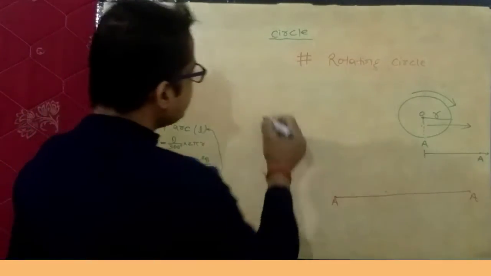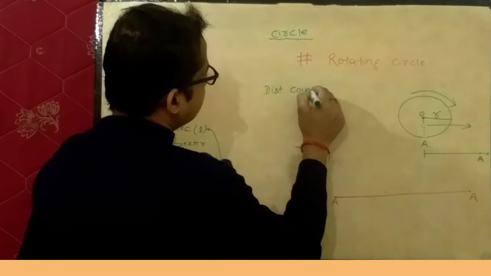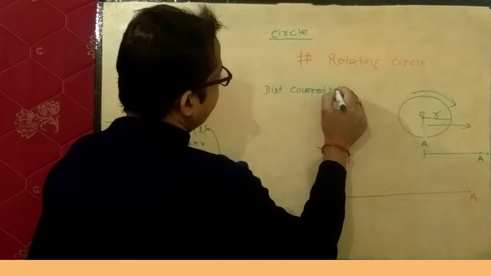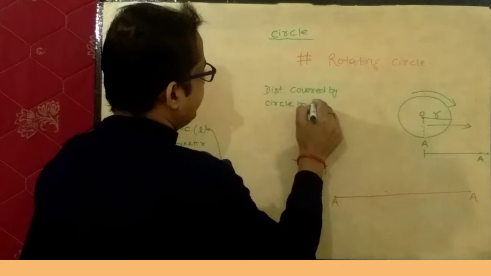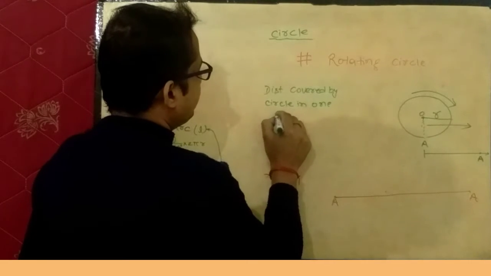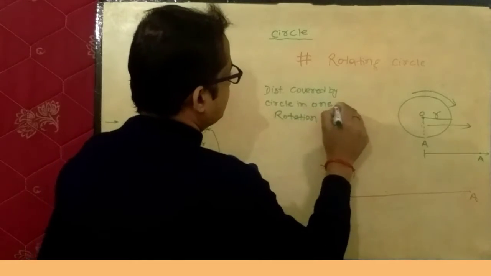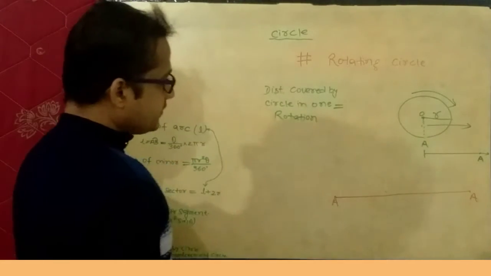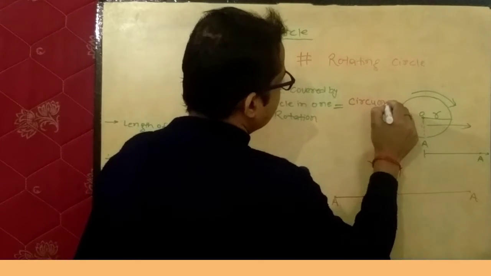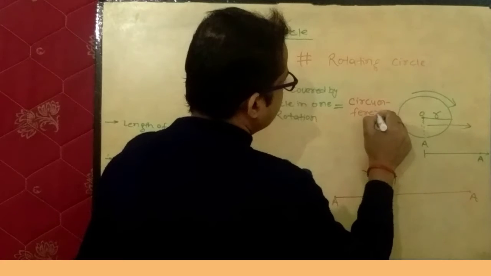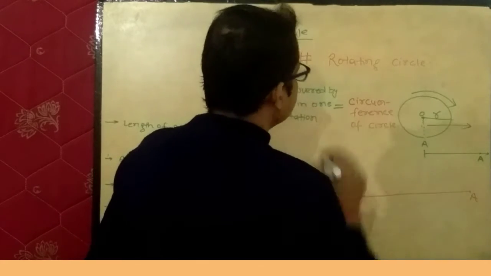So the distance covered by a circle in one rotation is equal to the circumference of the circle.